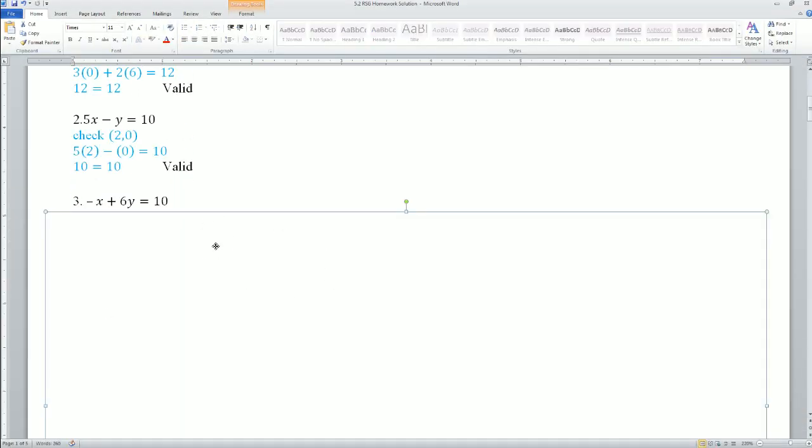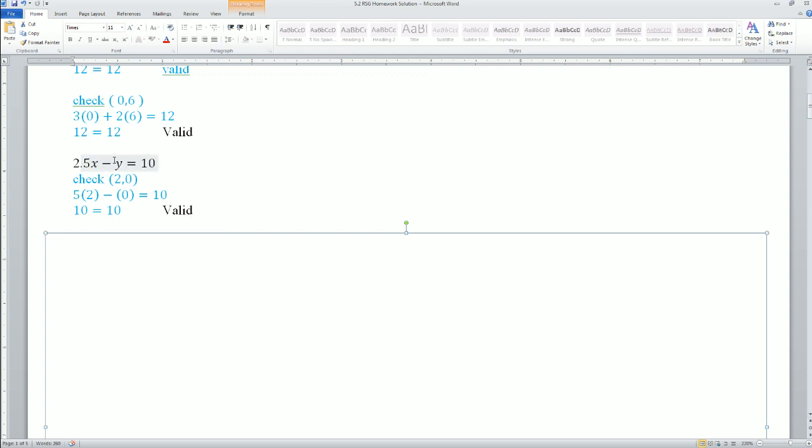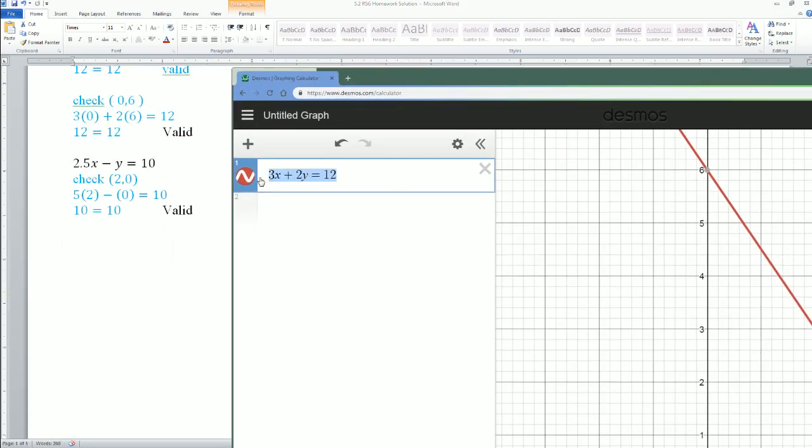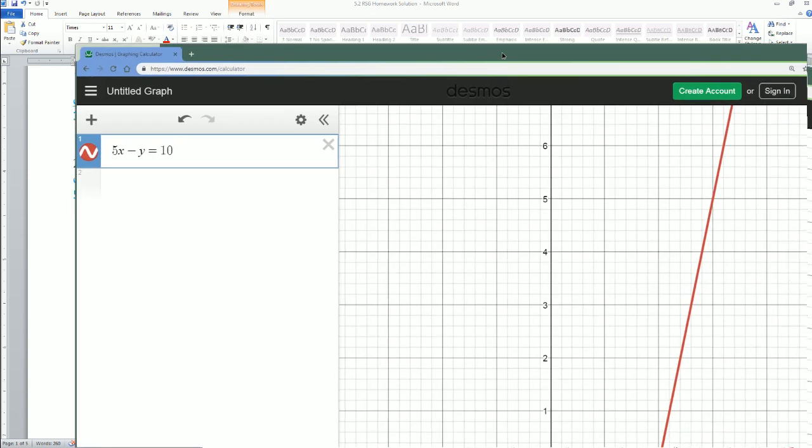Alright, next one, number 2. 5x minus y equals 10. I check 2 comma 0. So 5 times 2 is 10. So that's also a valid answer. Alright, so let's graph that. 5x minus y equals 10.